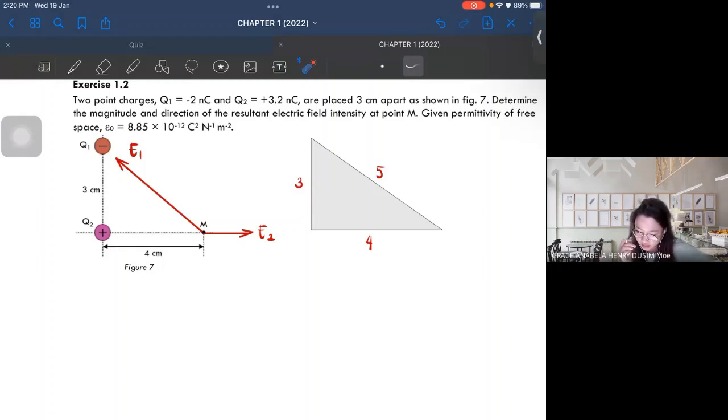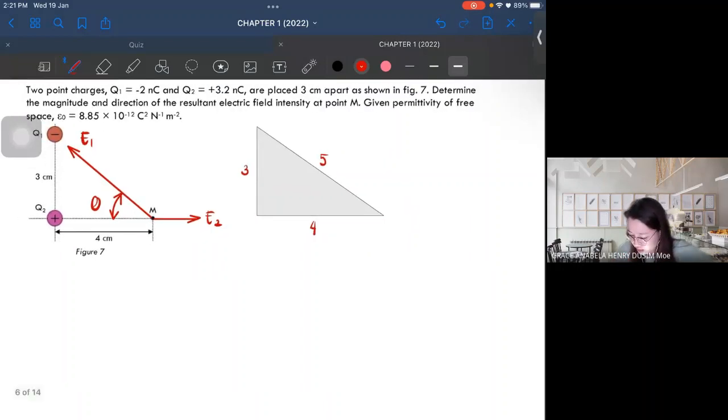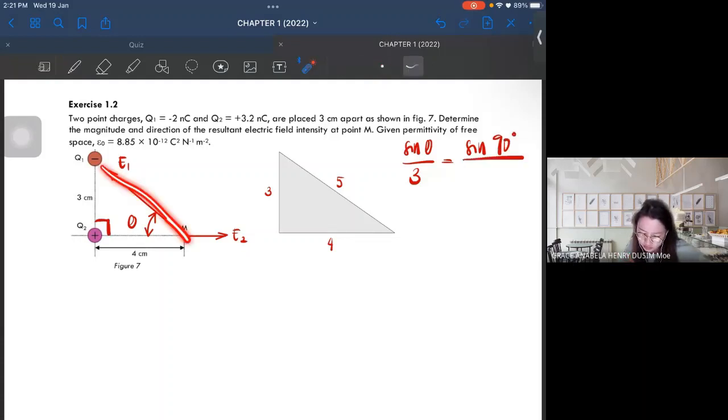Okay? And then, since this is in both x and y component, we need to know the angle here. Okay? So, the angle, we can calculate using sine rule. Okay? You remember sine rule? Sine rule is sine theta over the opposite length, which is 3, and then sine this angle here, 90 degree, over the hypotenuse here, which is equal to 5.